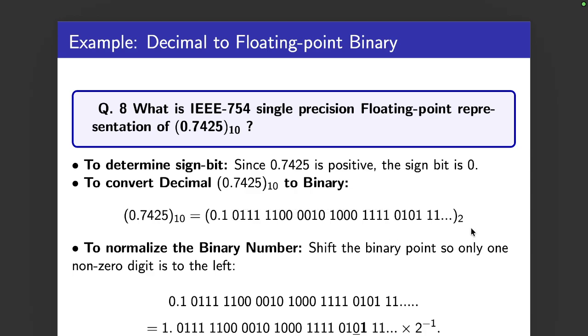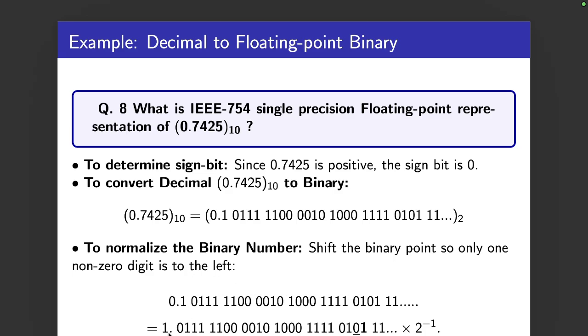So we round it up to 23 or 24 places. To normalize the binary number, shift the binary point so that only one non-zero digit is to the left.